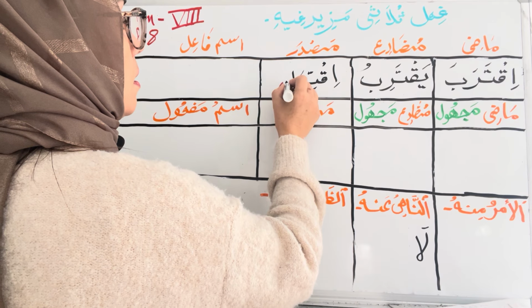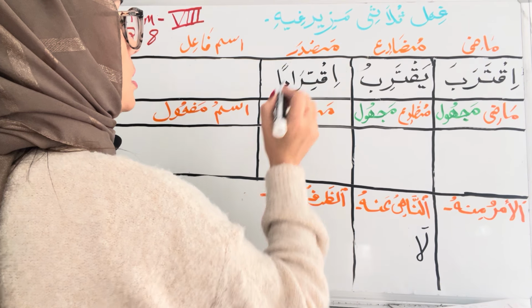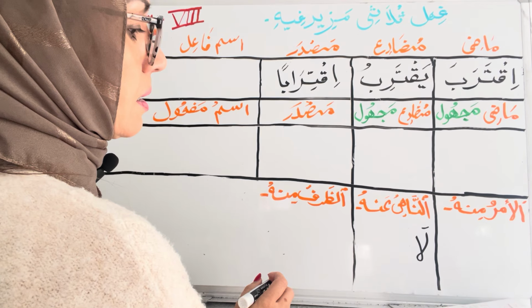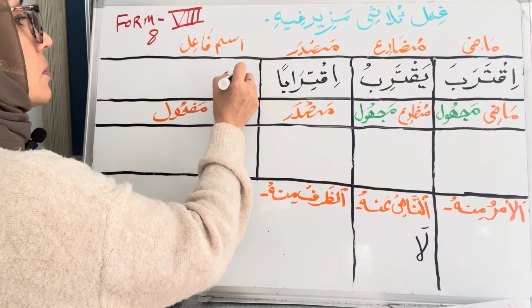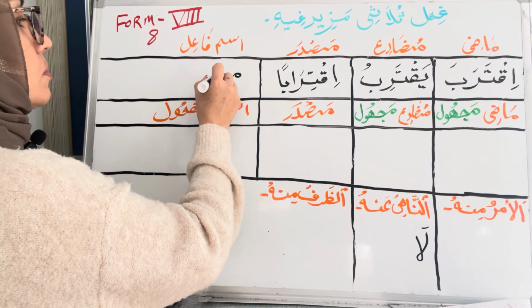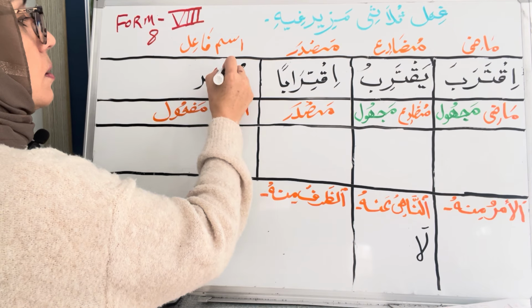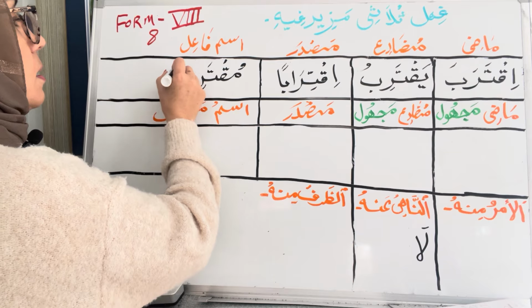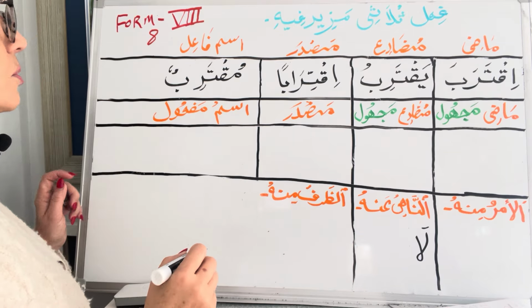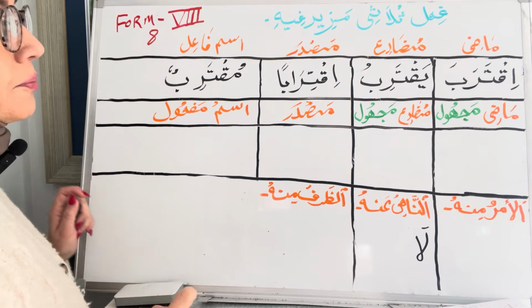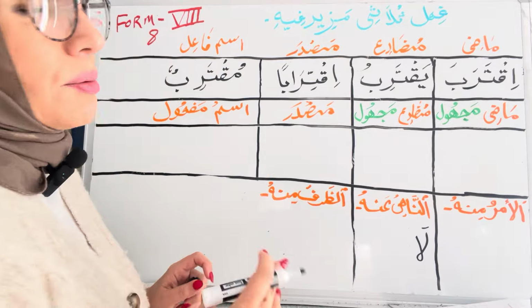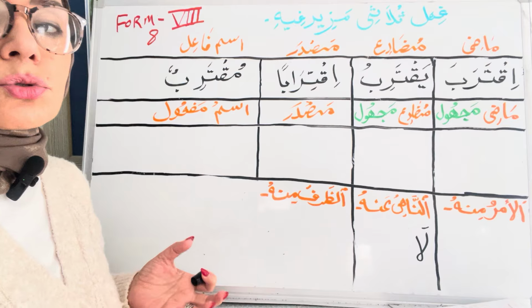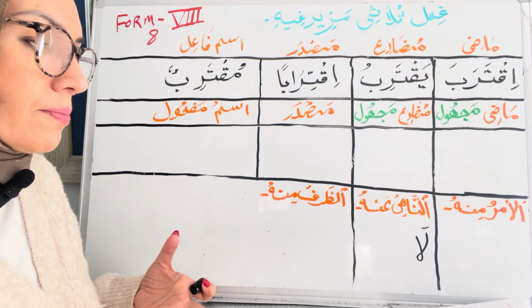And then it becomes فهو مقترب. Okay. So قريب means close. So اقترب means to become close.